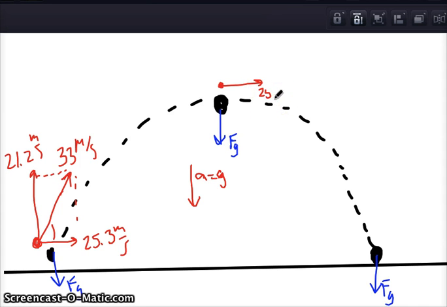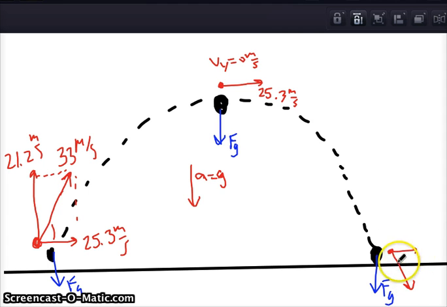So at the very top, at the peak of here, we know that the ball has to stop moving upwards. So the velocity in the y direction here is a 0 meter per second velocity, but it still has this 25.3 meters per second velocity that's going to keep on moving it to the right in this picture. So if I would say the velocity here, I'd say 25.3 meters per second in a horizontal direction. Down here, again, we can use the idea of symmetry.